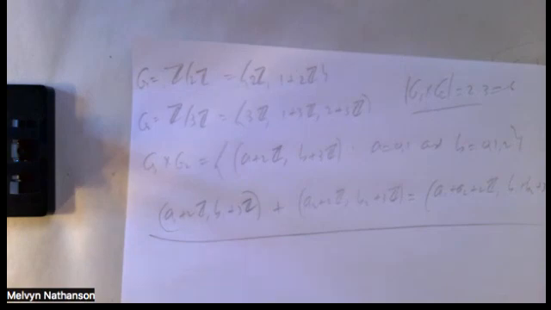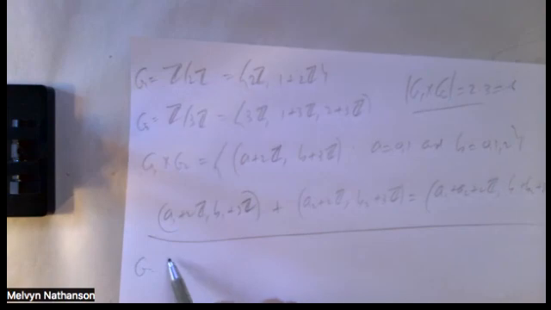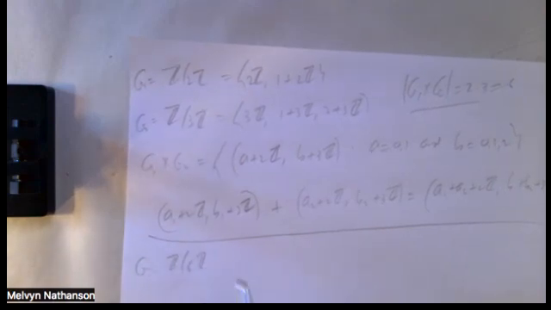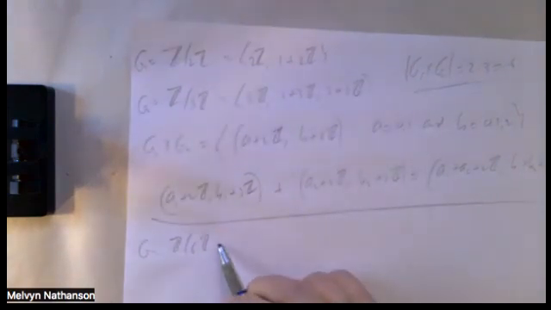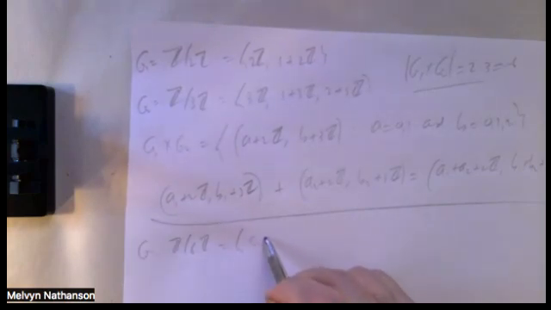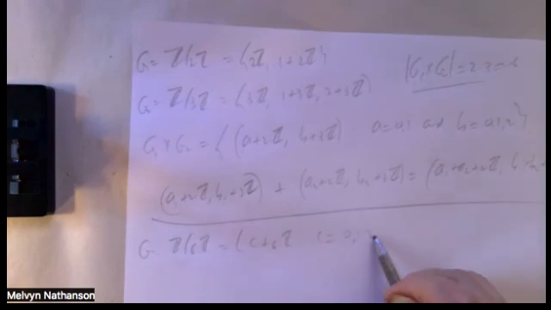Now, another group with 6 elements is the integers mod 6. So this is everything in the form C plus 6Z, where C is 0, 1, 2, 3, 4, or 5.